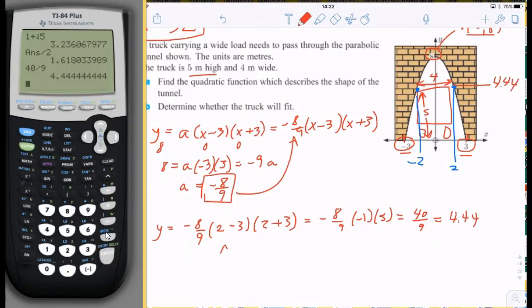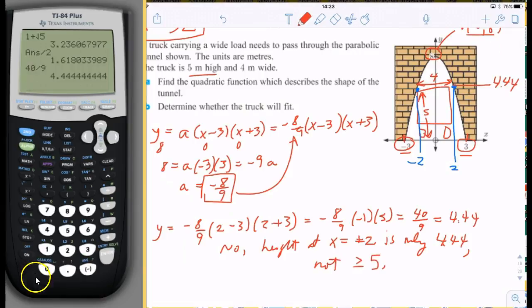So, no. Doesn't fit. Height at x equals ±2 is only 4.44, not greater than or equal to 5. Okay, that's it for this page.